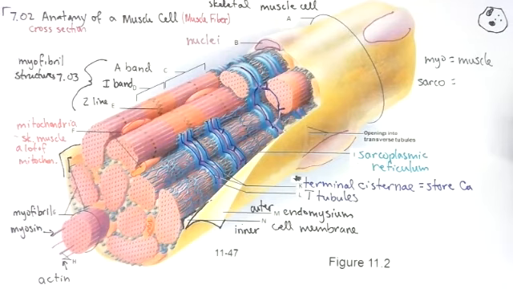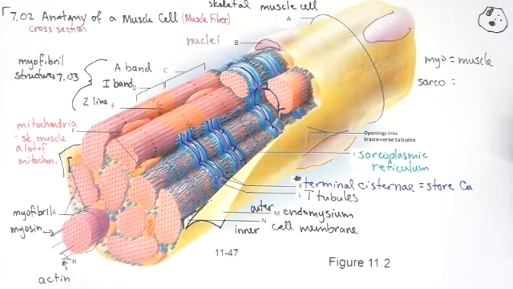The actin and the myosin are all part of the myofibril, and that's its own video. We have two membranes. We have the endomysium, and we have the cell membrane. And then we've got this funky sarcoplasmic reticulum with these T tubules and terminal cisternae.